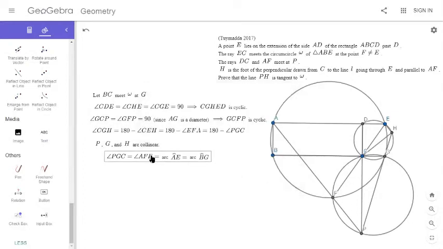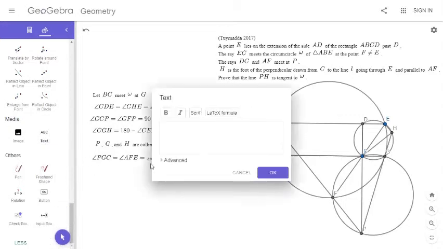That's not so bad. So angle PGC is AFE, which is half of arc AE, which is arc BG. So that means PH is tangent to omega.